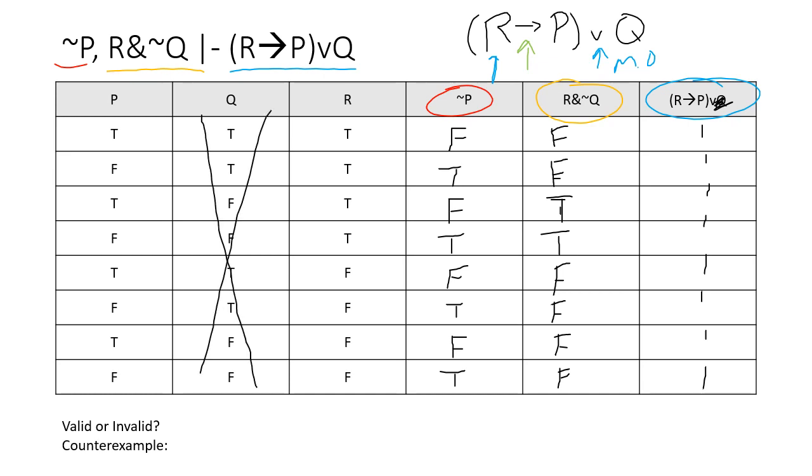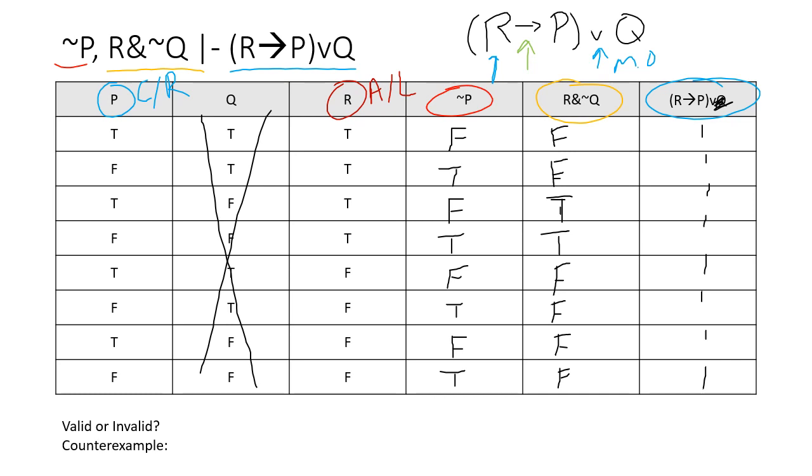Again, don't fall into the trap. R is our antecedent, or our left side, and our P is our consequent, or our right side.